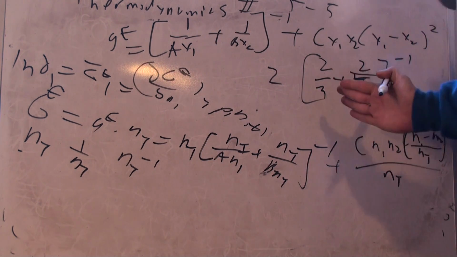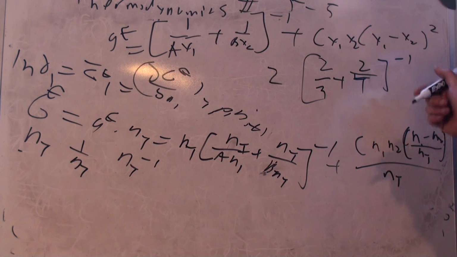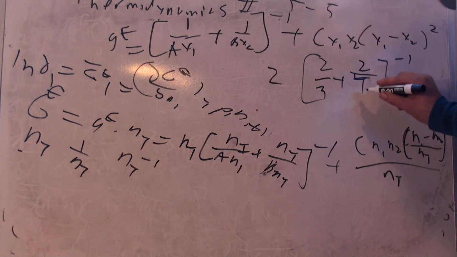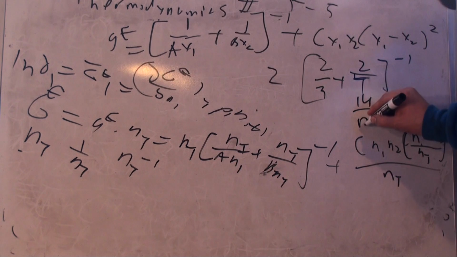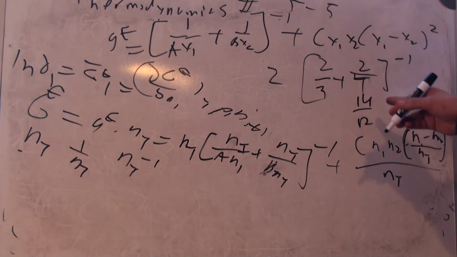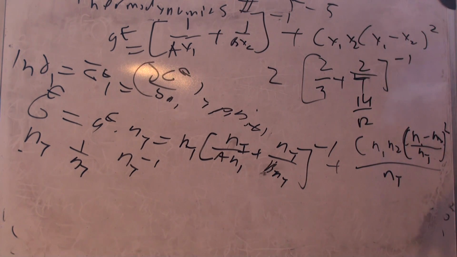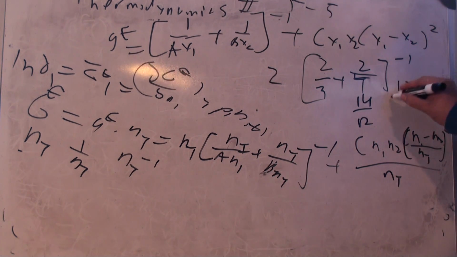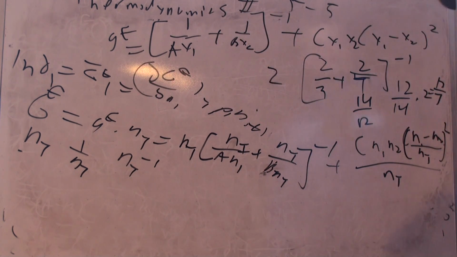So I've got 8 plus 6, so 14/12. The inverse is 12 over 14, times 2 is 12 over 7. Re-inverse that, and I should get 7/12.